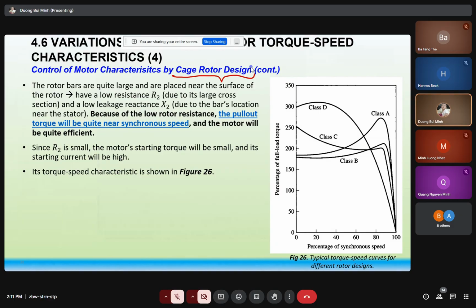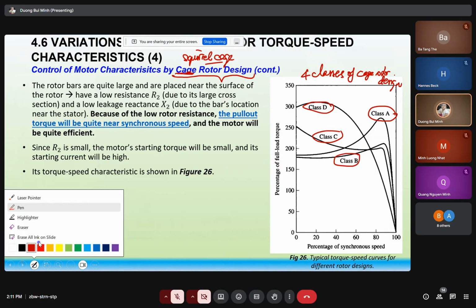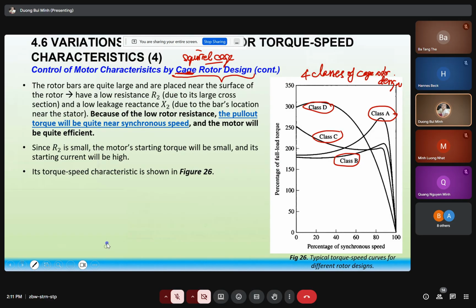According to the standard, we have 4 classes of cage rotor designs: class A, class B, class D, class C. Remember these for the cage rotor design. We have some key differences between the different kinds of rotor designs.